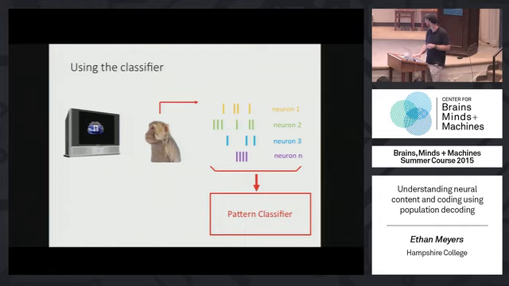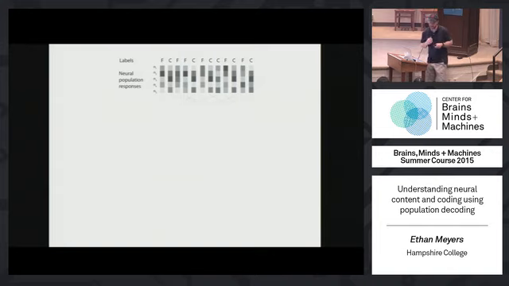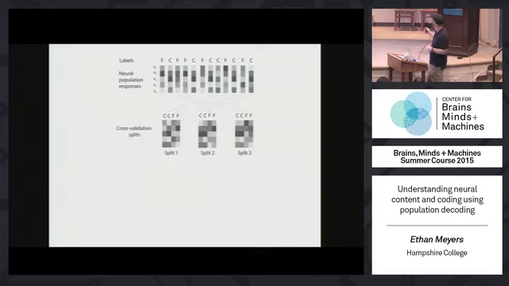In reality, what we usually do is run the full experiment, so we've collected all the data beforehand. Then we split it up into different splits. Say this experiment was faces and cars.